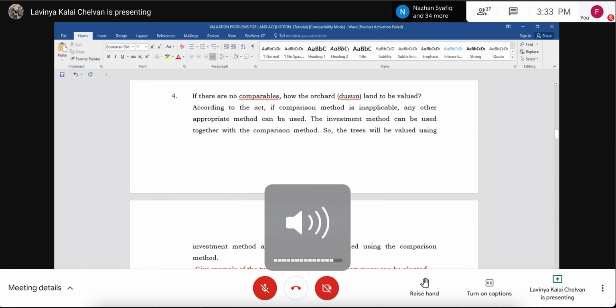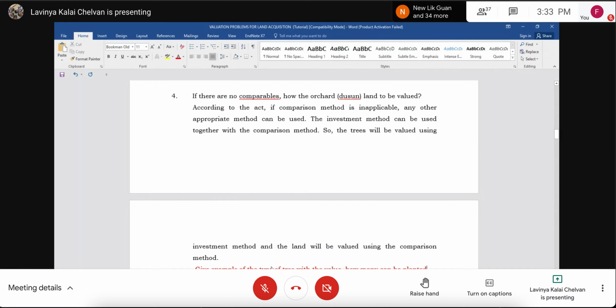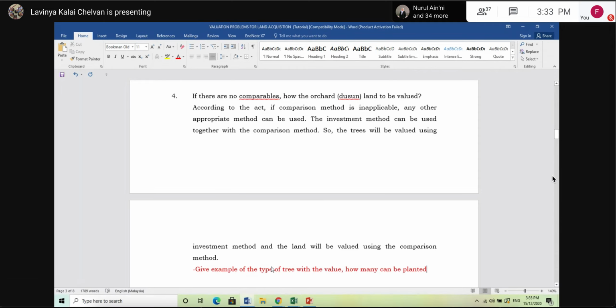Please, others, pay attention to Lavinia's answer. Do you agree with the investment method to value the plantation? Yes, this dusun land. Yeah, use investment, the special valuation. I think in my opinion, investment can be used with the rental value.